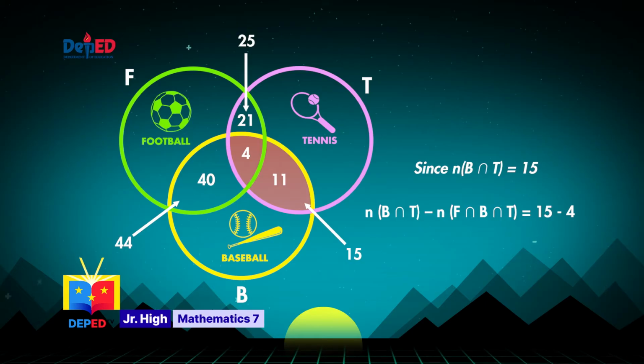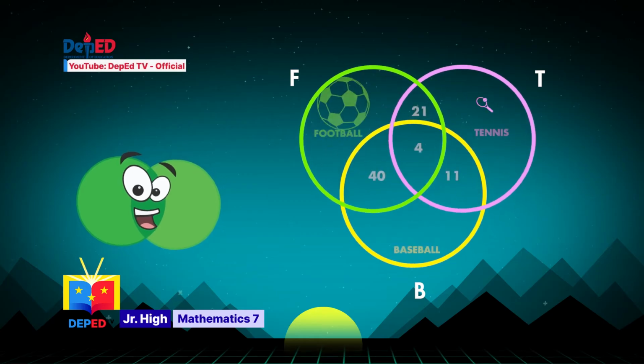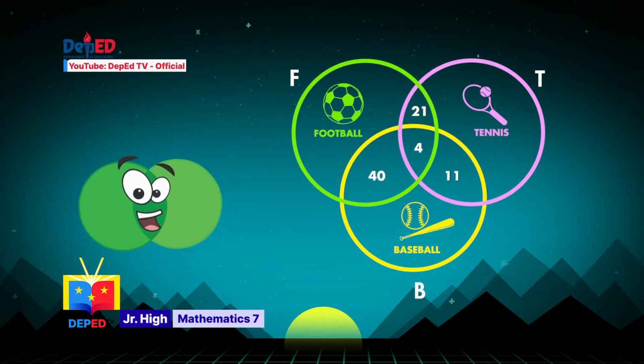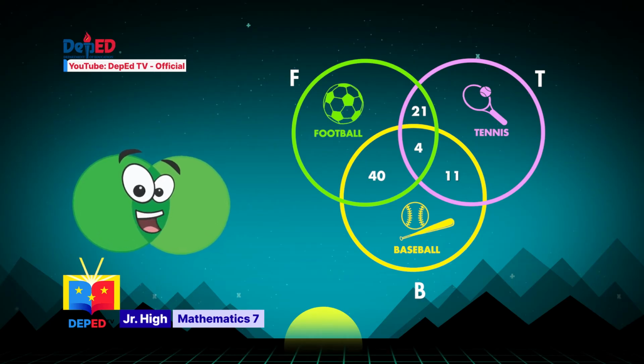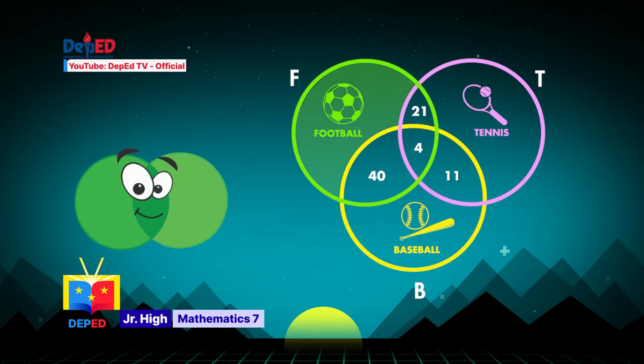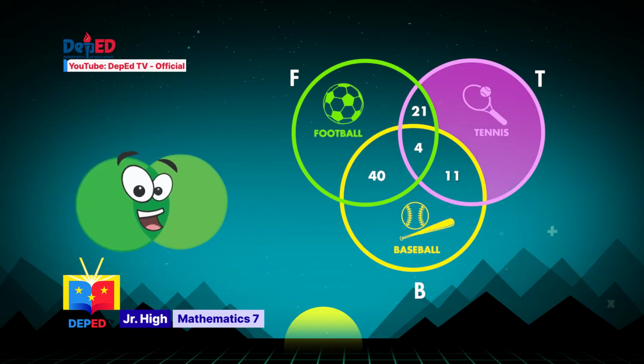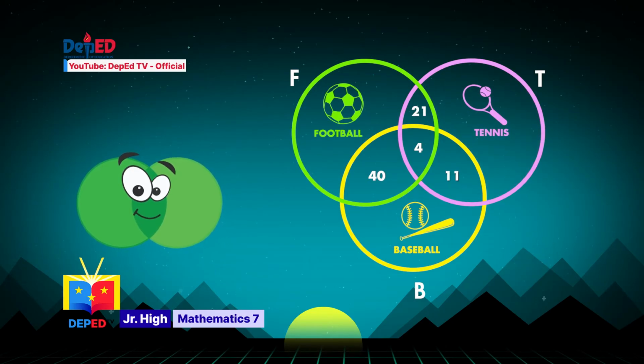So lastly, what should we fill in next? Those sets that will form the last group, Teacher DJ. The regions representing those that play only one sport, either football only, baseball only, or tennis only, must be accounted for last.